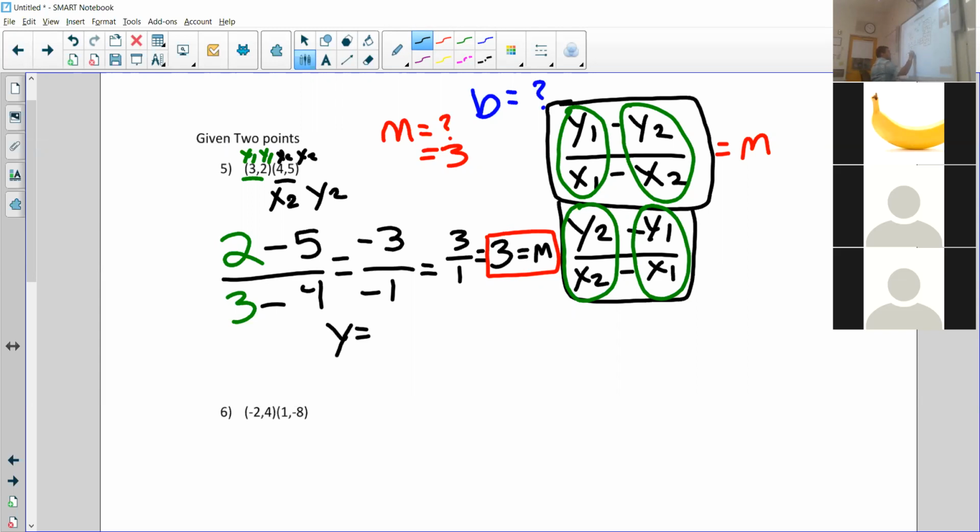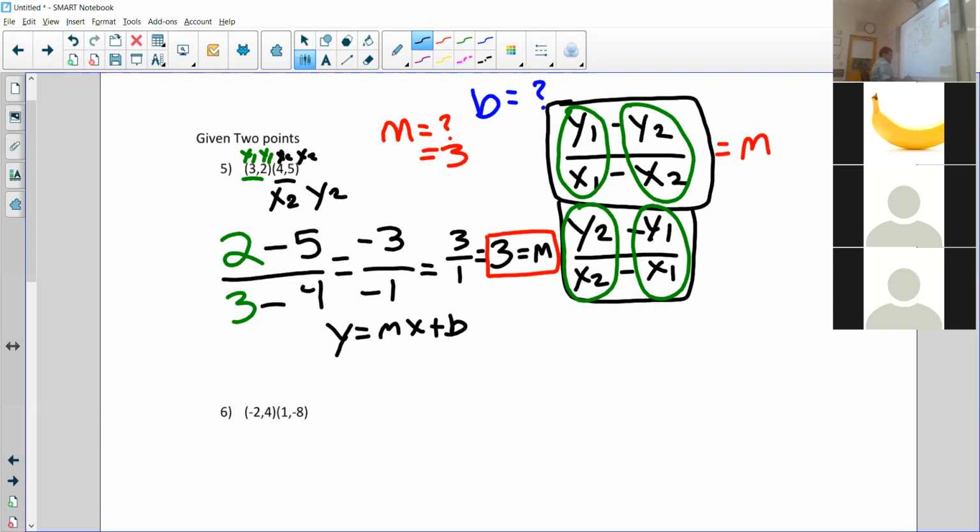So the slope equation, or this is y = mx + b. Someone already gave me the answer. Thank you guys, you guys are ahead of me. There's only 2 things we need to use. One is the equation out of the 2 boxes. One of the 2 boxes is good enough. It doesn't matter if you put x1 or x2 first.